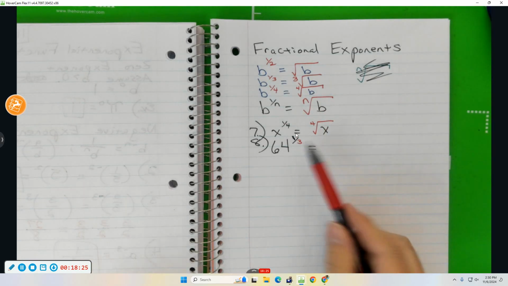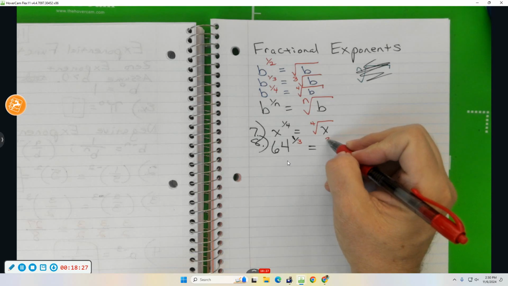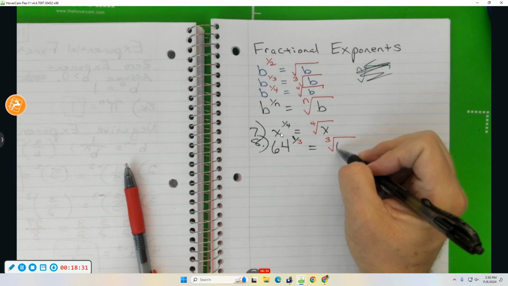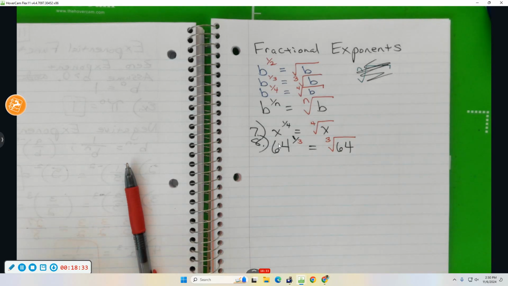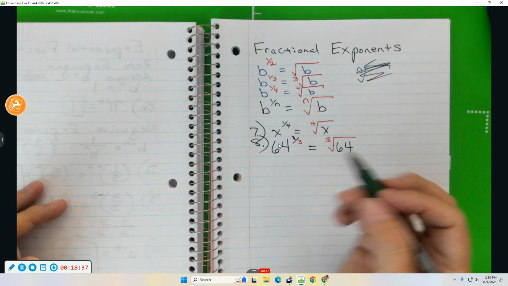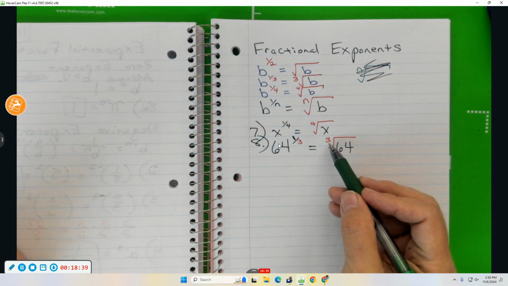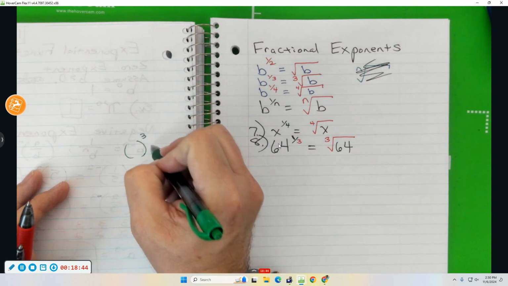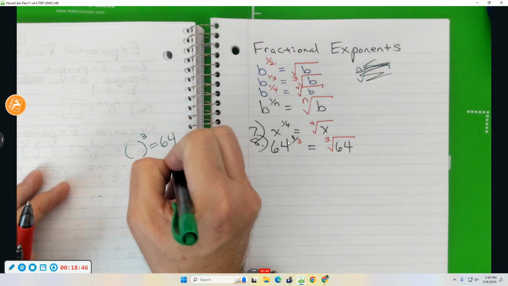That 3 down there says we're looking at a cube root of 64. What's the cube root of 64? Here's what you're thinking to yourself: what number can I cube to give me 64?